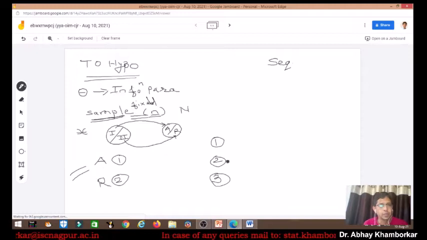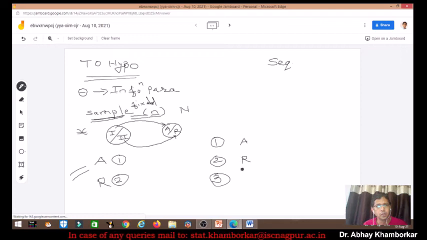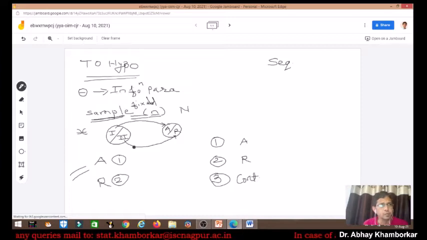Those three decisions are: you can accept the hypothesis, you can reject the hypothesis. So these two decisions are similar to testing of hypothesis. Third is to continue the sampling procedure. Because of this continuation of the sampling procedure, the sample size is not fixed.